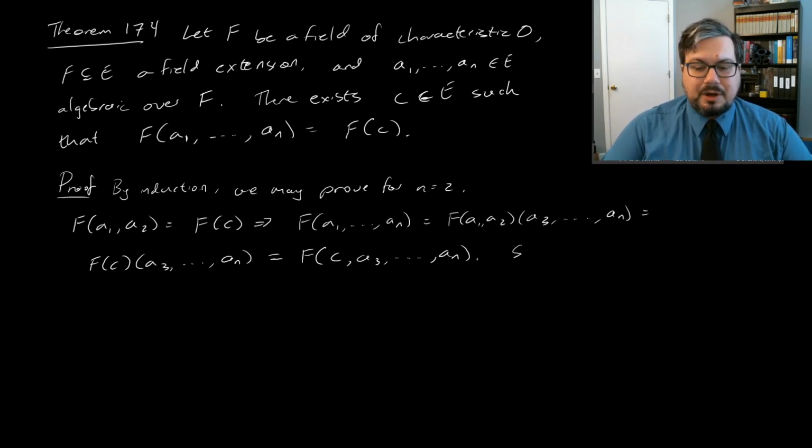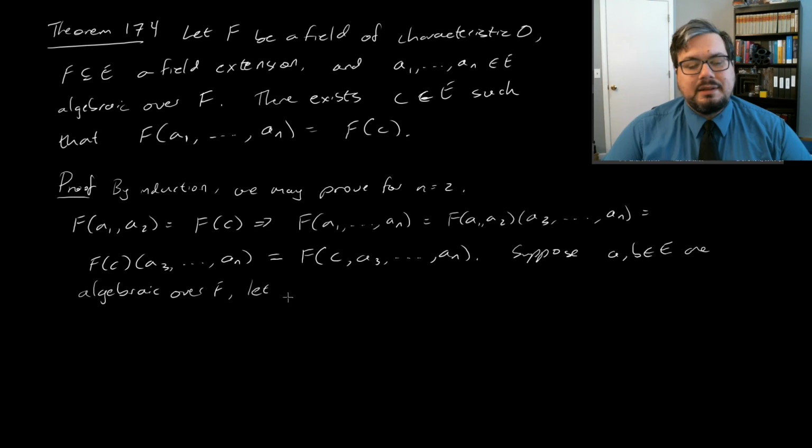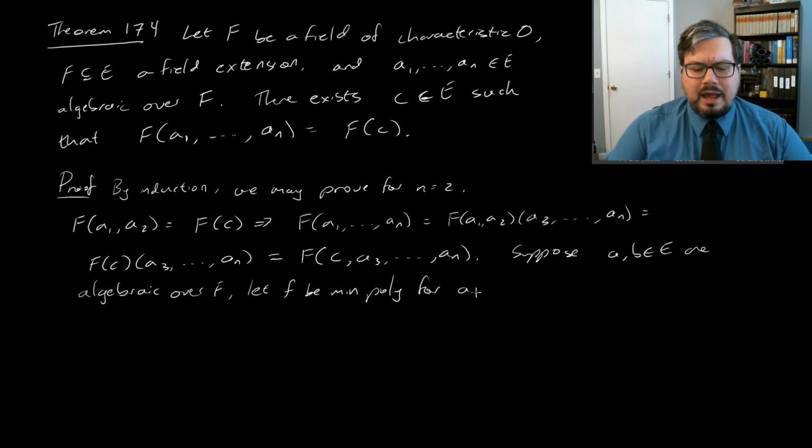So let's suppose that a and b belong to E and are algebraic over F. And let's let f be the minimal polynomial for a. Let's let g be the minimal polynomial for b.